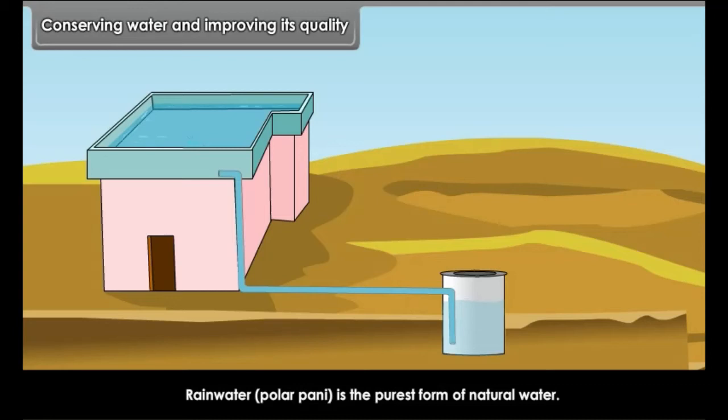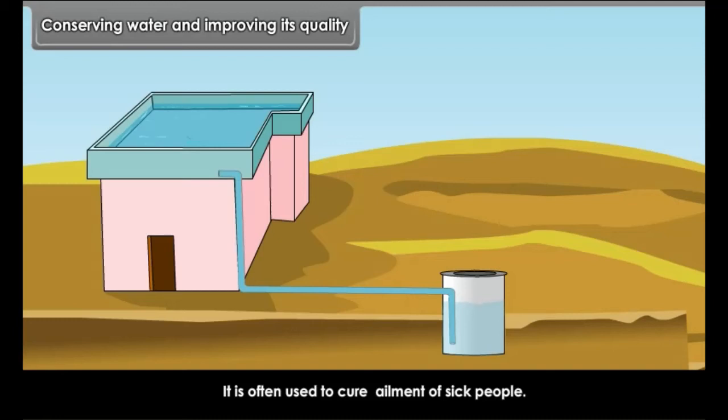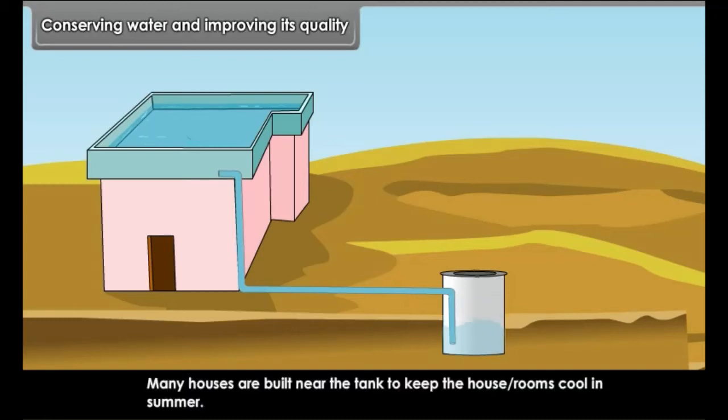Rainwater, paalar pani, is the purest form of natural water. It is often used to cure ailments of sick people. Many houses are built near the tank to keep the house or rooms cool in summer.